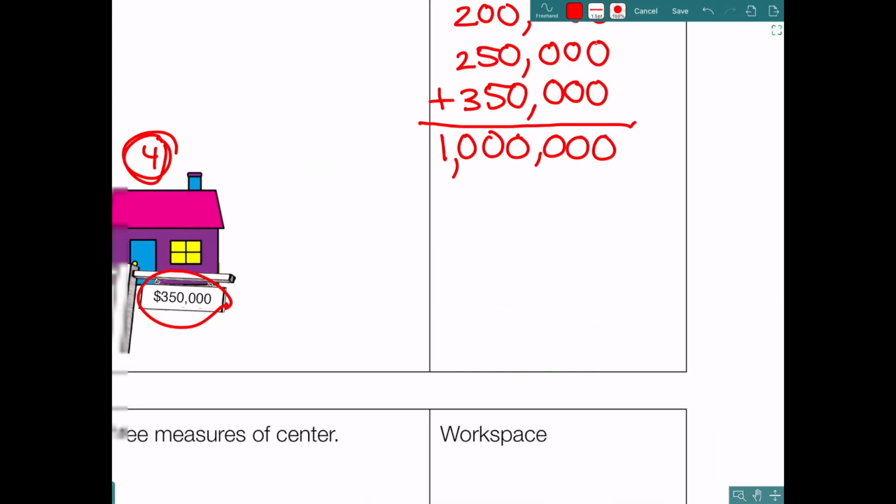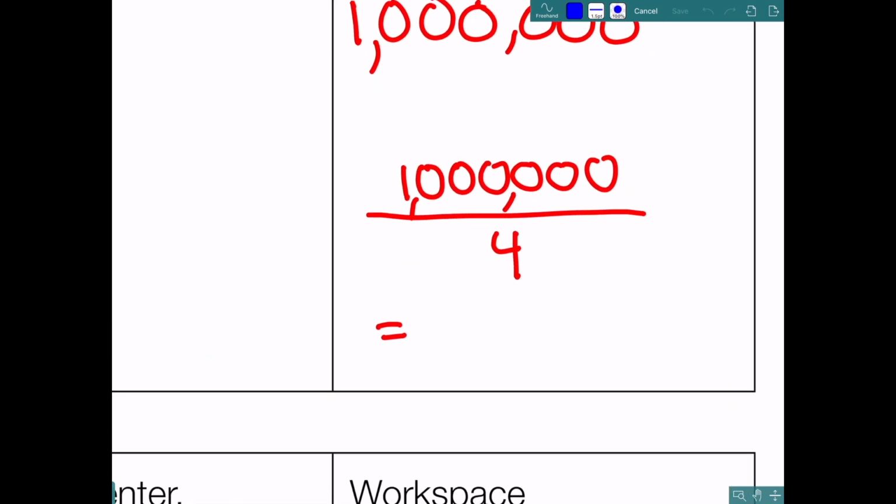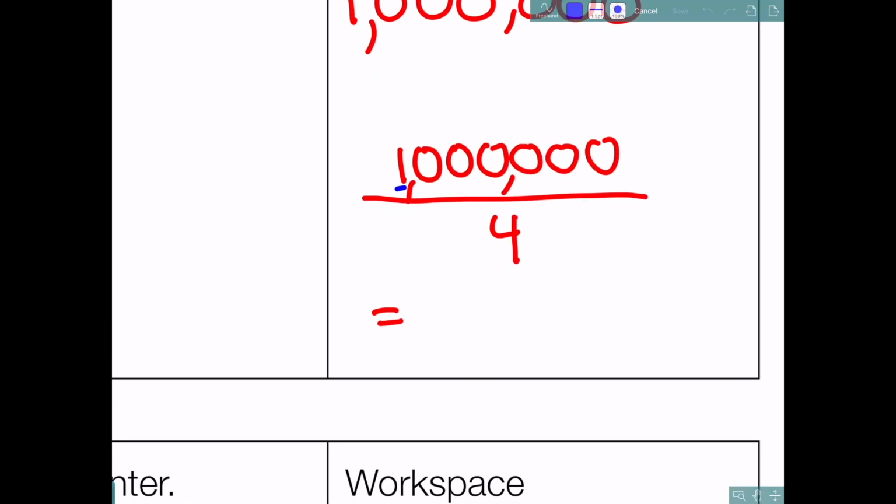I'll do it as a fraction. 1 million divided by 4. If you're not sure how to do this in your head, you can break it down. Instead of 1 million divided by 4 all at once, try 100 divided by 4, because I know 100 divided by 4 is 25.